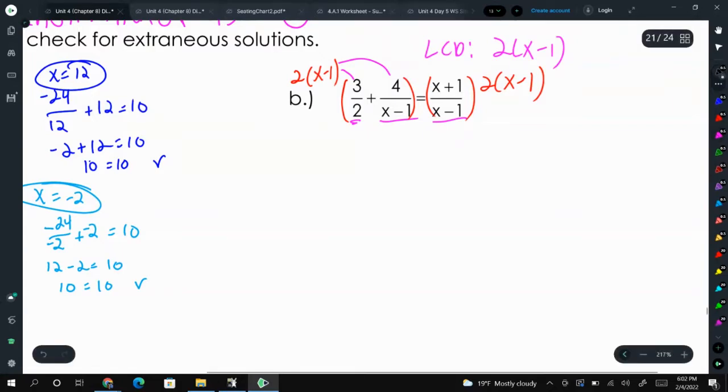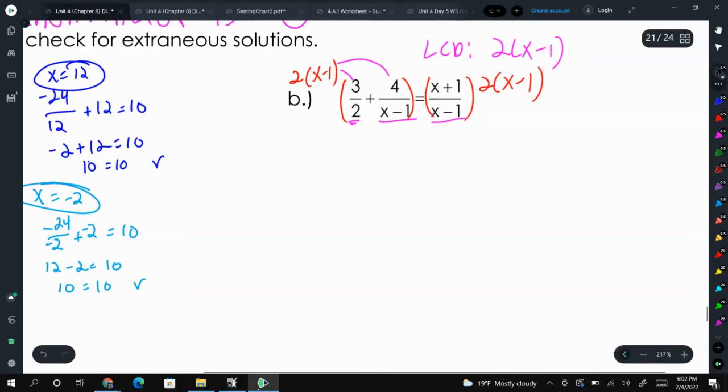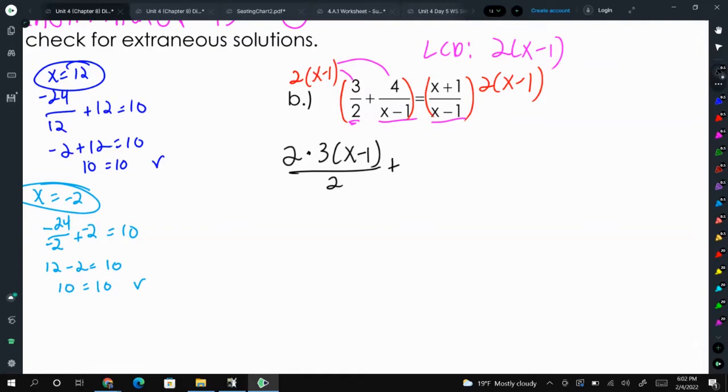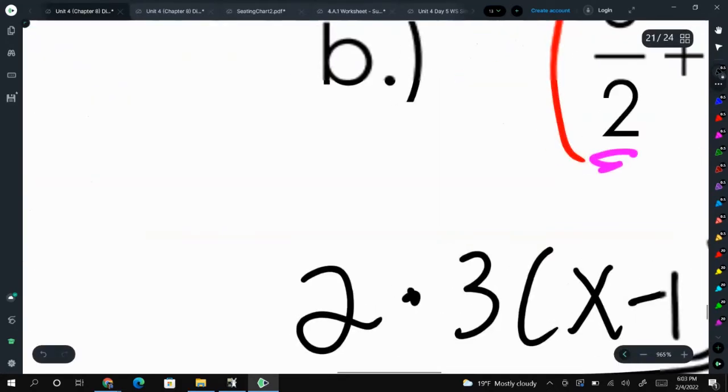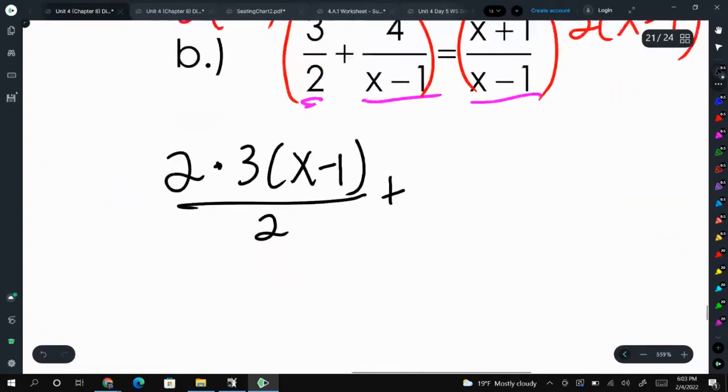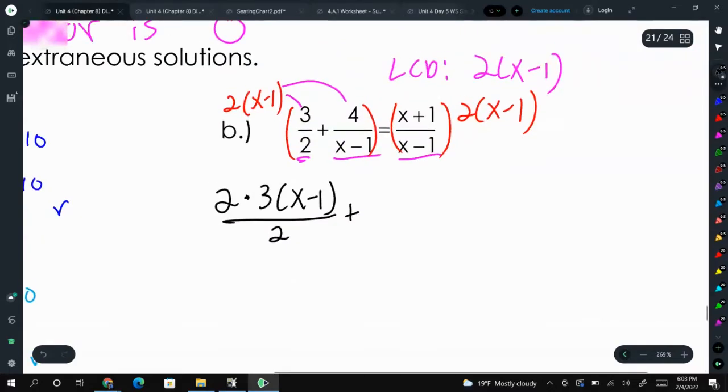So I'm actually going to write this out a little bit longer than maybe you need to later on. I'm not multiplying the numbers right now on purpose.